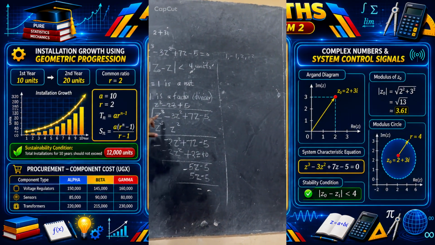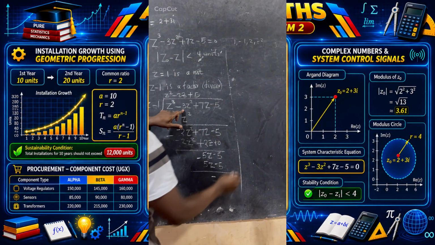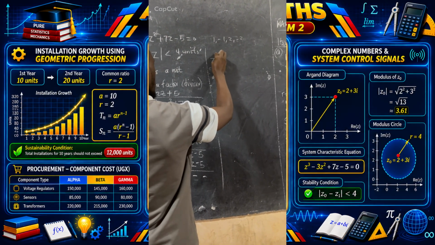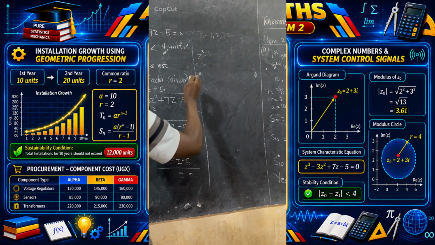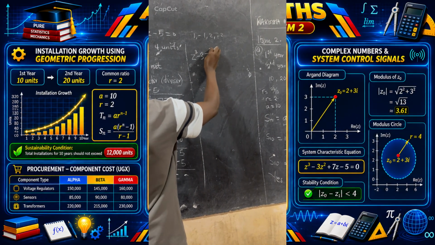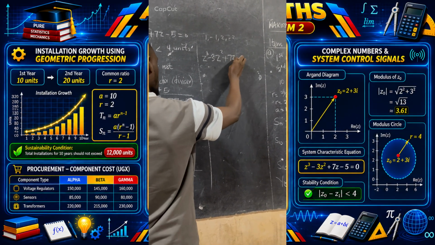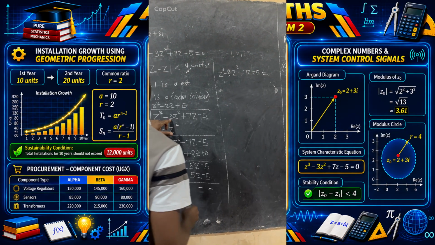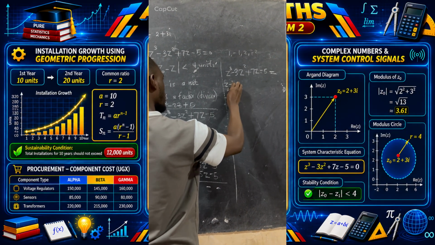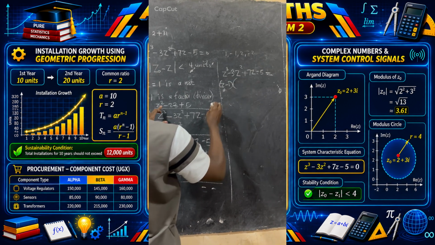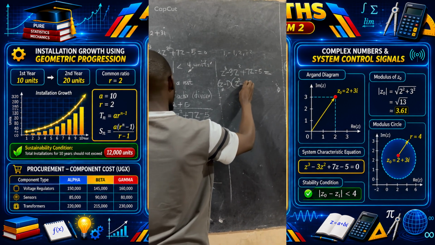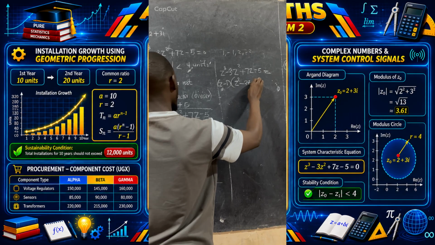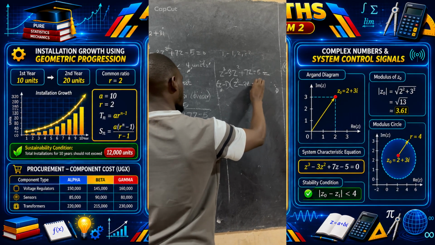This means that z cubed minus 3z squared plus 7z minus 5 is the same as z minus 1 into z squared minus 2z then plus 5.